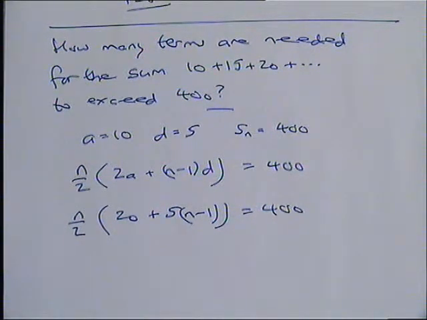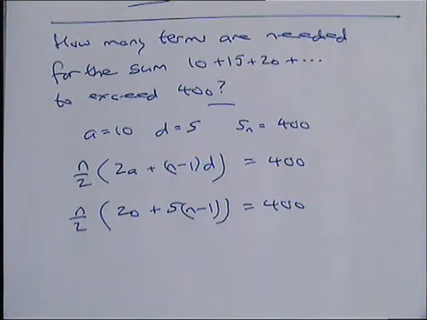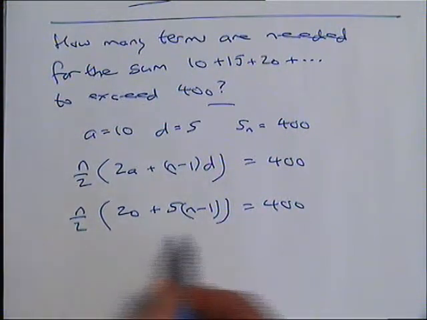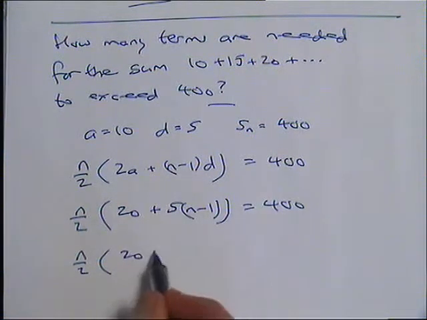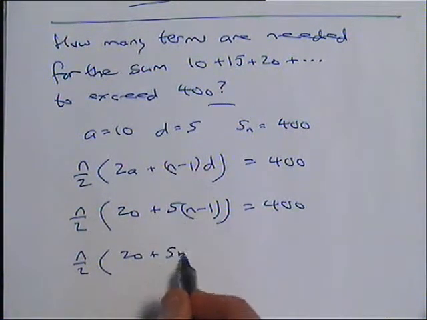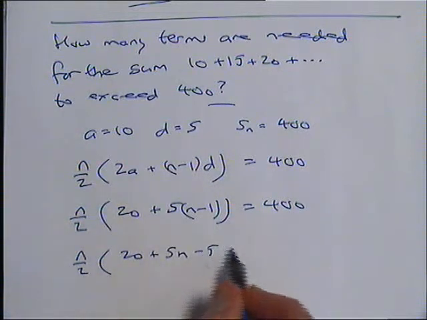What am I going to end up with here? Can anybody see it from this point? Let's go a little bit further. Let's get this big bracket that's in here. I've got 20 plus 5n minus 5 in there.